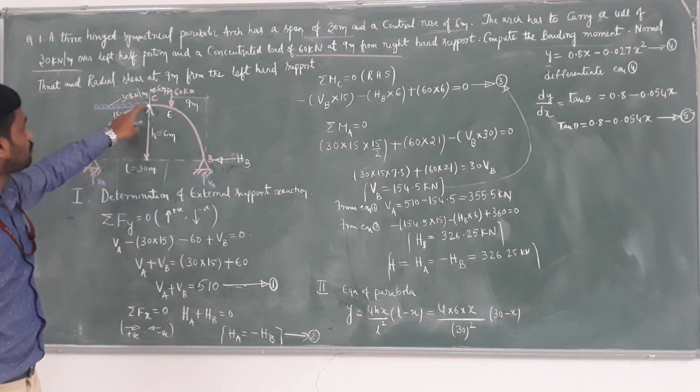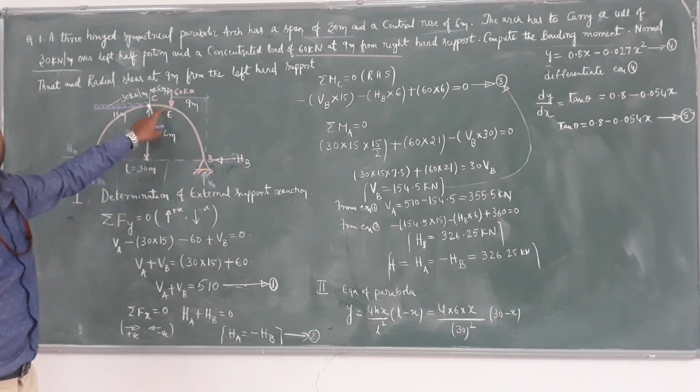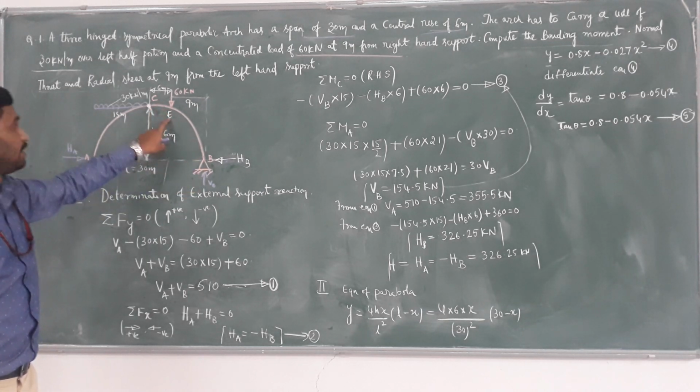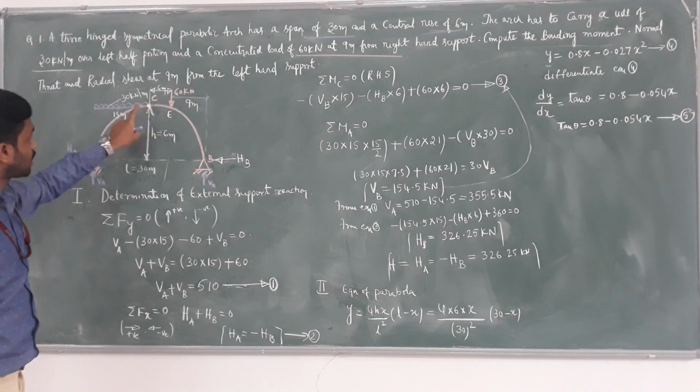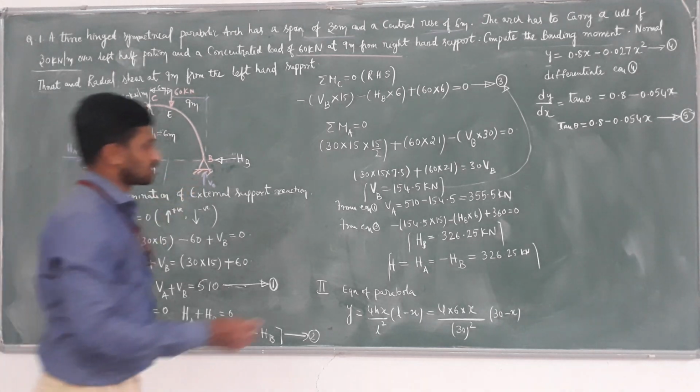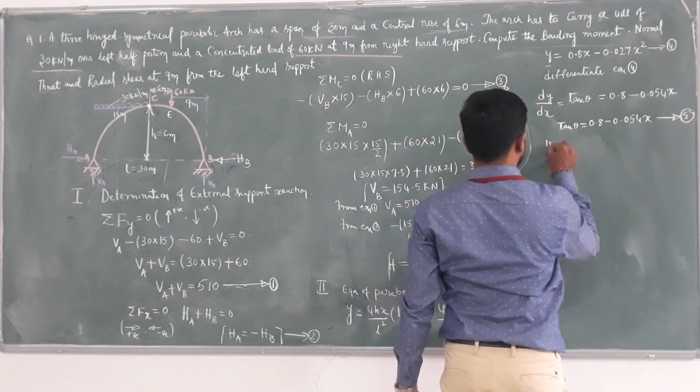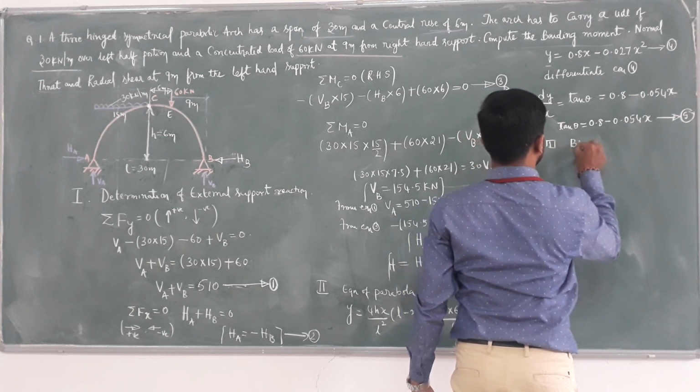We know the maximum moment between CB is under the point load, that is E. But where exactly in between AC? Generally for UDL, the maximum moment is under exactly half of the span. So we have to determine these maximum bending moments between AC and CB. So next, the third step, that is BMD.